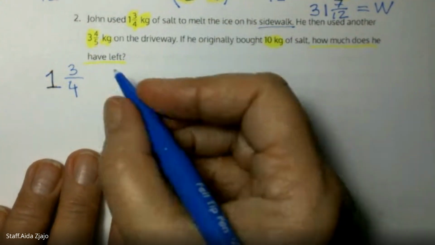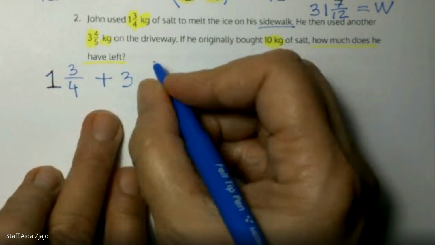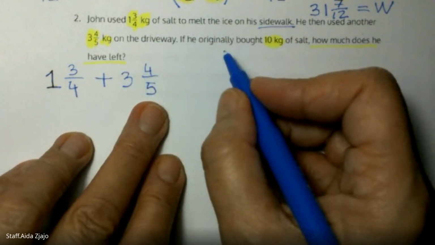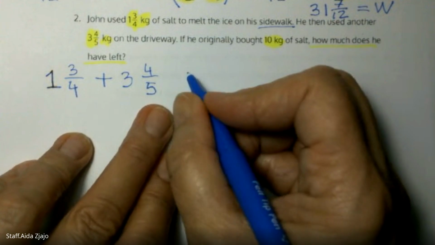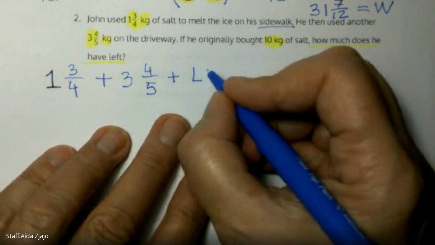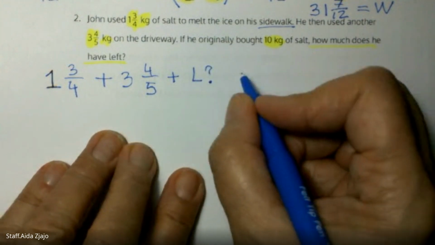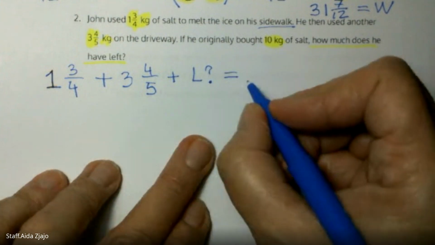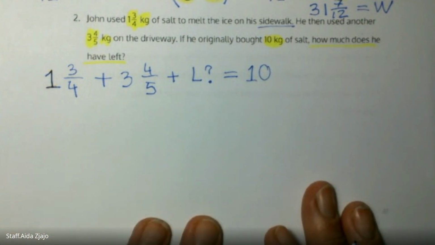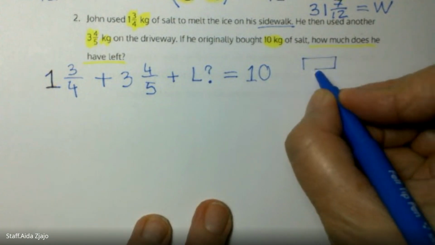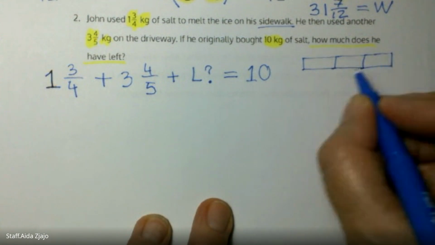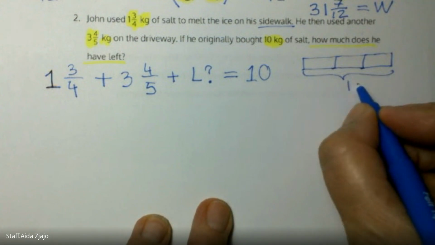Then he uses another 3 4/5 of a kilogram on a driveway, and he has some left, which we will say question mark left. That all has to equal 10 kilograms. So the part and another part and the missing part must equal 10.